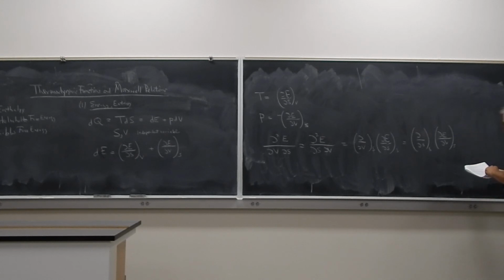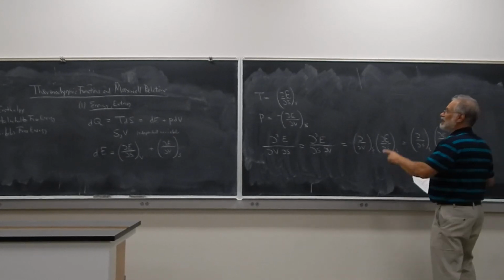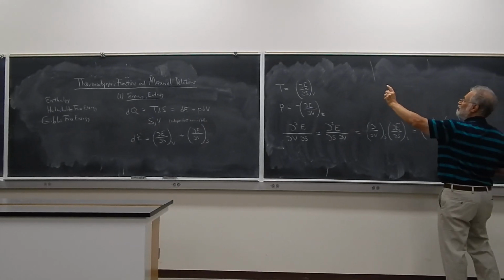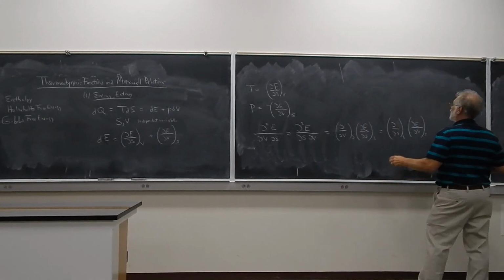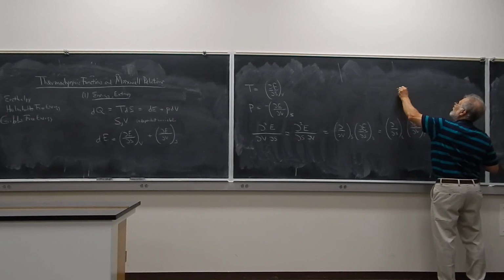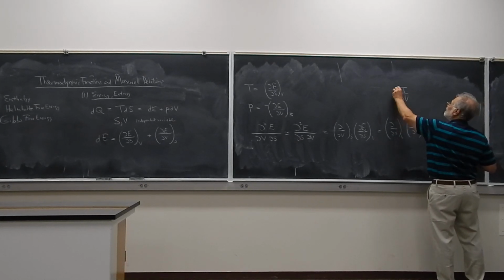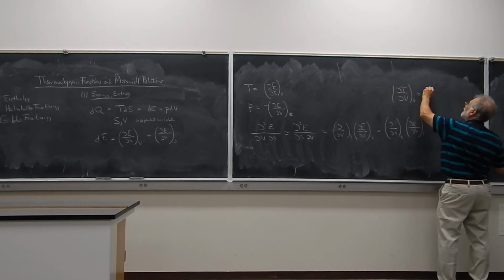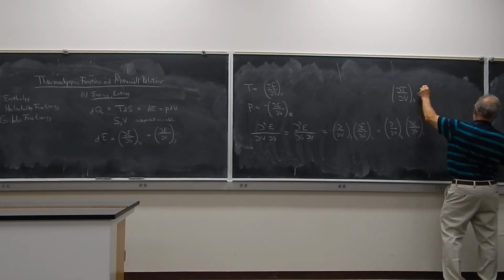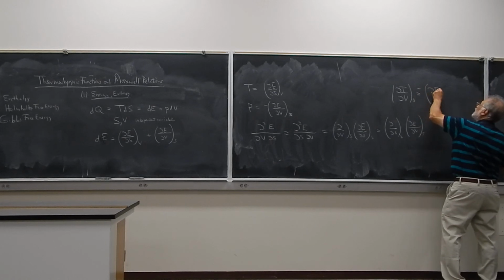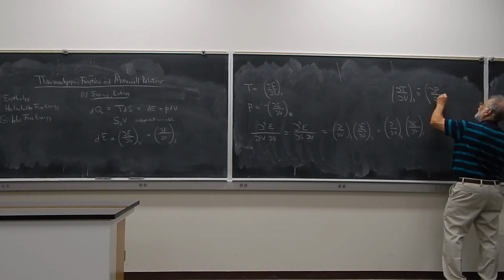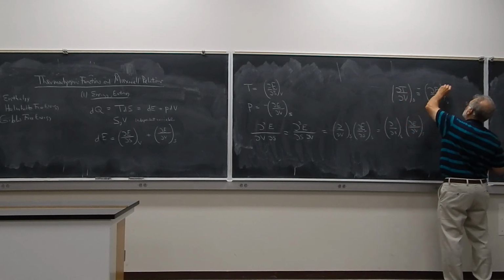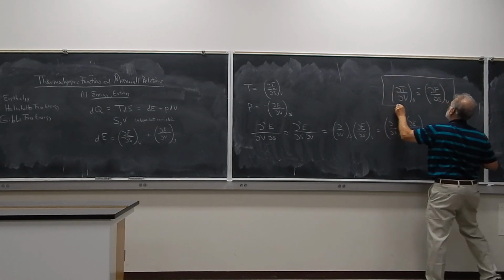That being the case, if I take the derivative of both sides, it has to be that dT/dV at constant S has to be equal to minus dP/dS at constant V. And this is what we call the first Maxwell relation.